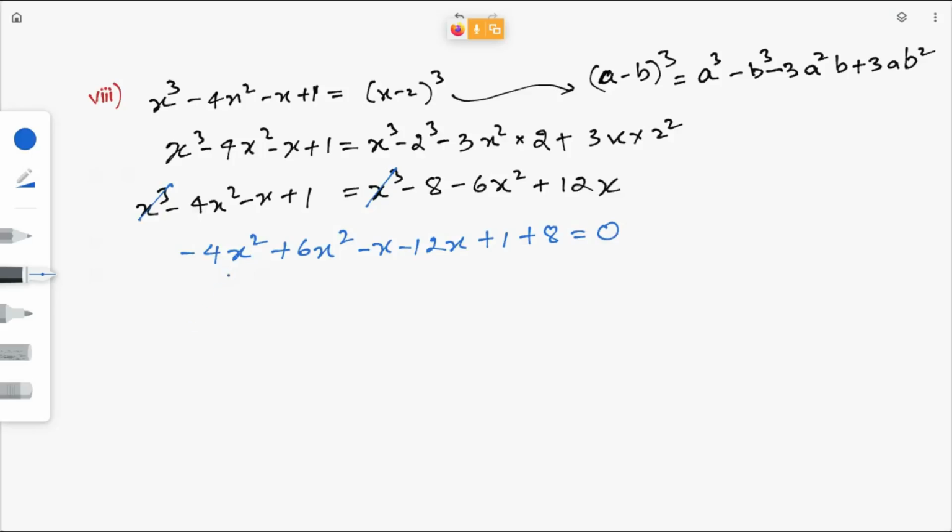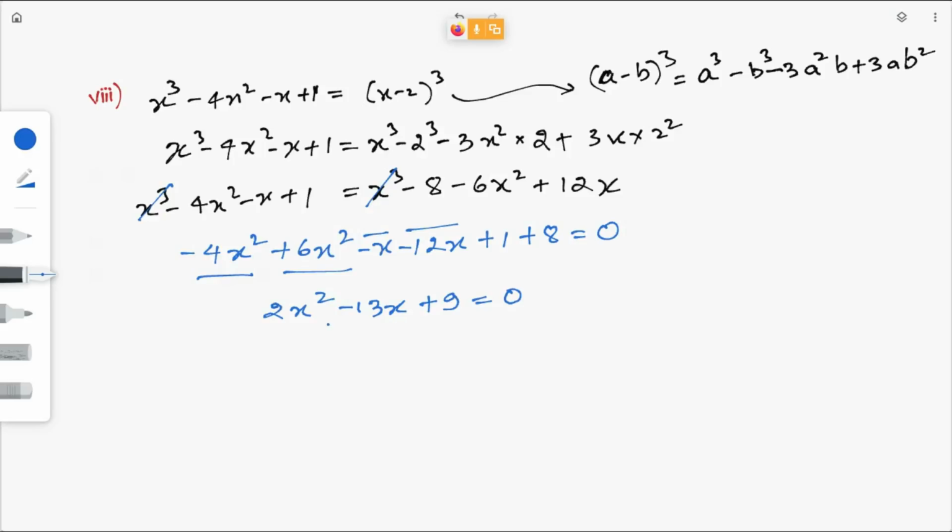Okay, now simplify this one. Minus 4x square plus 6x square, what will you get? 2x square. Minus x minus 12x, you will get minus 13x. Plus 8 plus 1, plus 9, is equal to 0. Is this a quadratic equation?